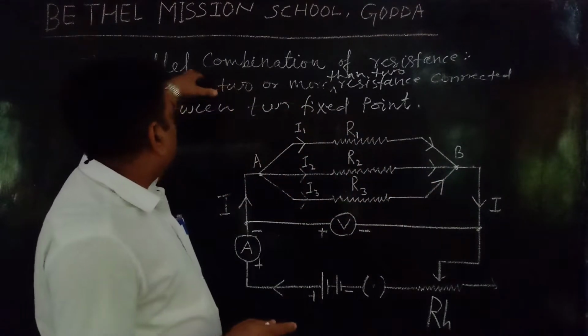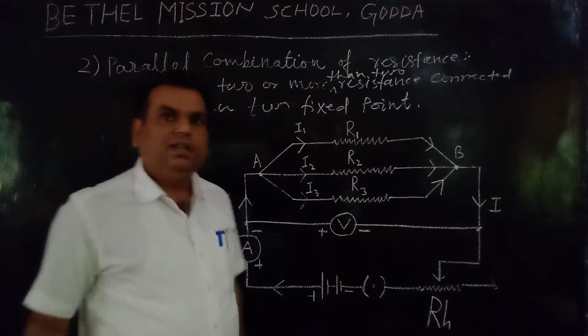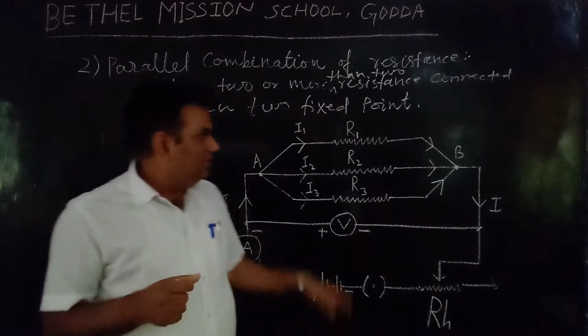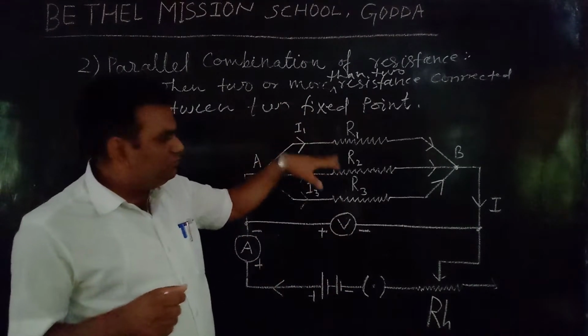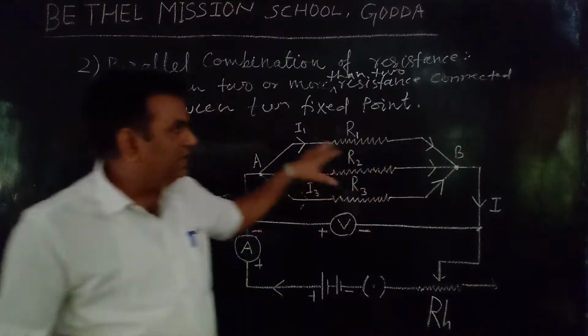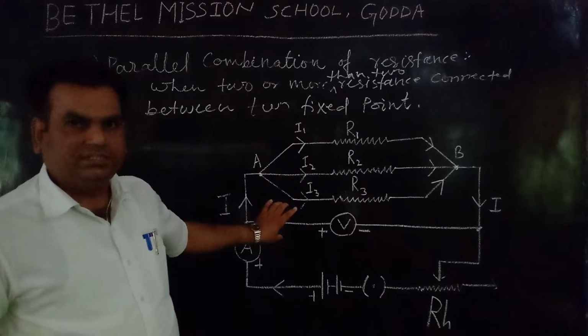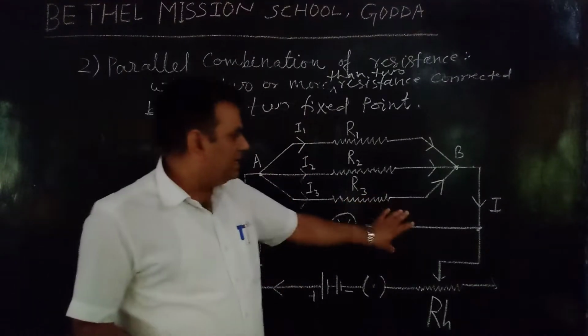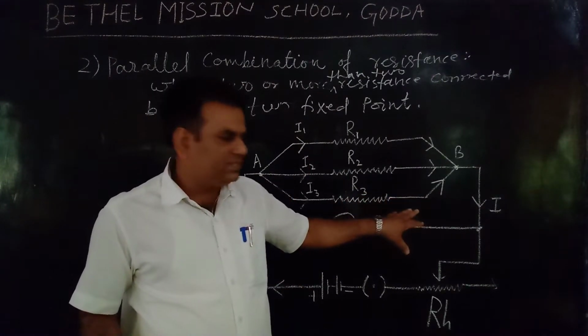So according to the definition of the parallel combination of resistance, when two or more than two resistances are connected between two fixed points, it is known as a parallel combination of resistance. Here is the circuit diagram of parallel combination of resistance.